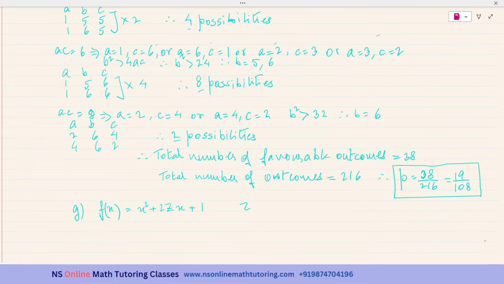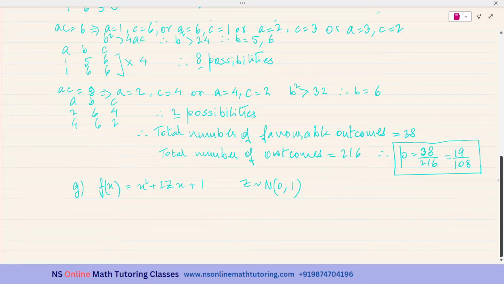And z is the standardized normal distribution variable with mean as 0 and the variance as 1. Okay. And we need to have two distinct solutions, x-intercepts. So b square should be greater than 4ac.